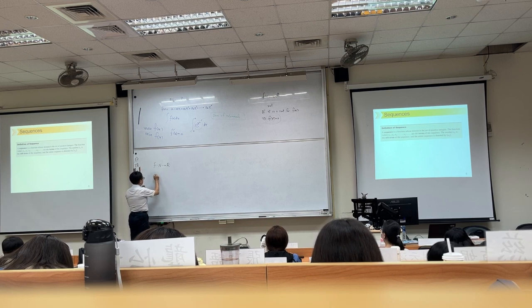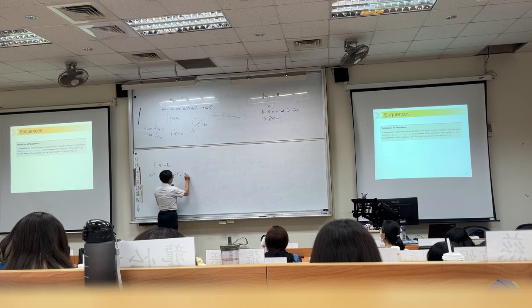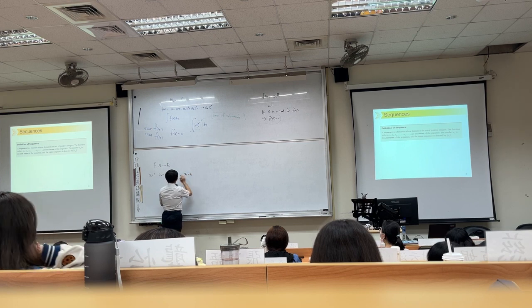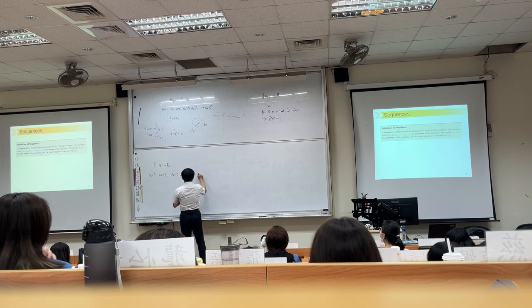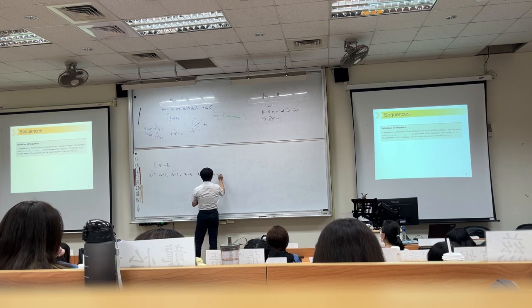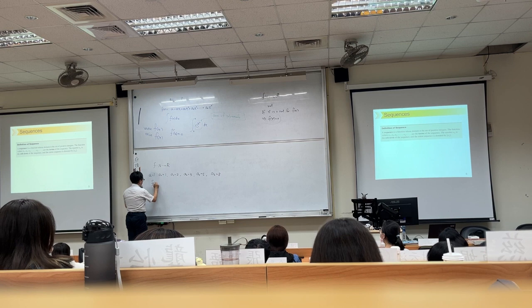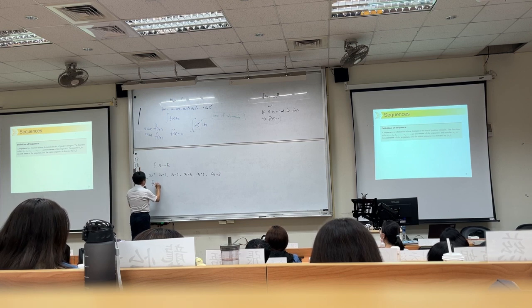For instance, last time we talked about Fibonacci numbers. A1 is 1, A2 is 1, A3 will be the sum of these two, which is 2, and A4 will be 2 plus 1, which is 3. So 1, 1, 2, 3, then 2 plus 3 will be 5, and 3 plus 5 will be 8. So f n is equal to 1 when n equals 1 or 2.